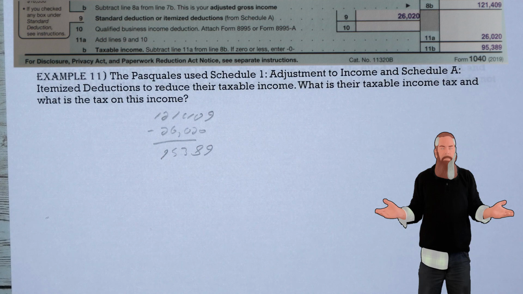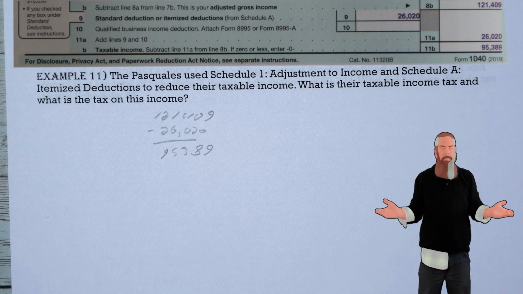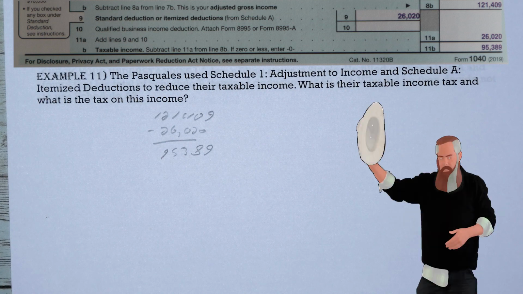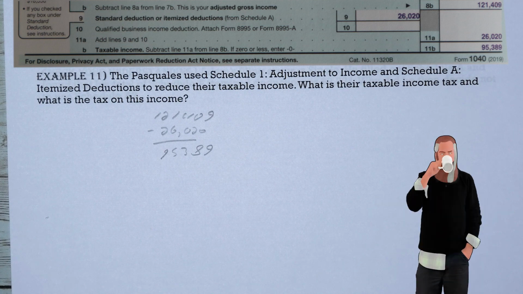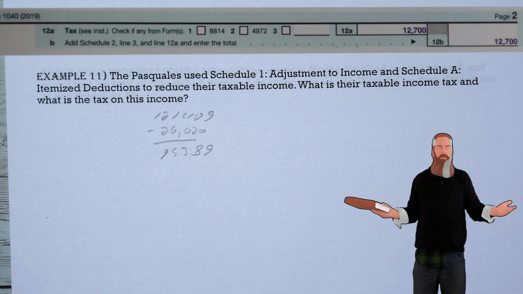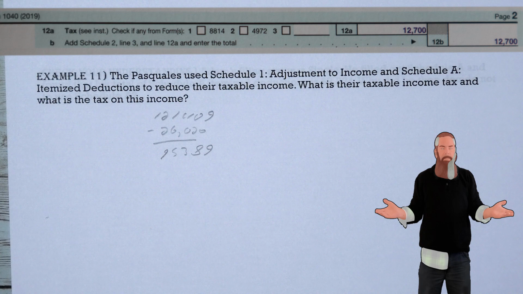The tax is $12,700. This tax is much lower than the tax on line 7B, income. The Pasquales used adjusted and itemized deductions to substantially lower their taxable income. This is tax avoidance. The Pasquales will also use tax credits to lower their taxes even more.